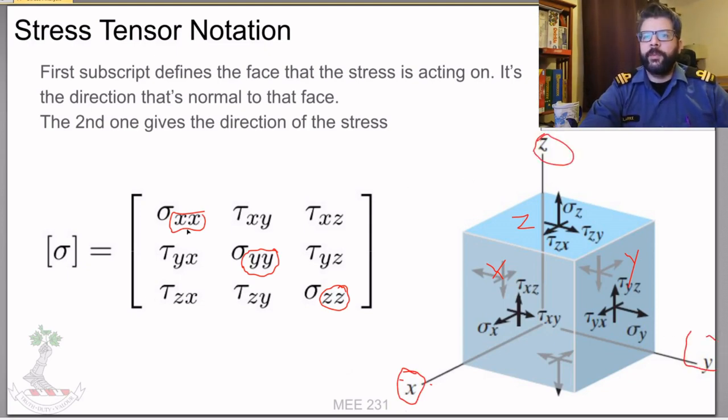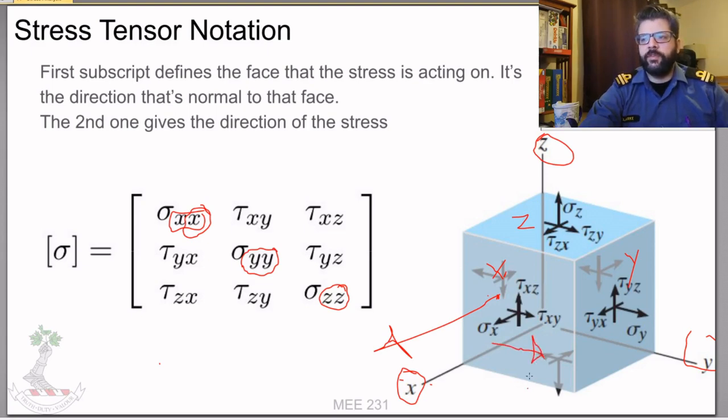So that's the first subscript, and then the second subscript tells you what direction that force is pointed. So if you're acting on the x face and you're pointed in the x direction, then that's a normal force. Whereas if we have this one here, we're acting on the x face, but it's pointed in the y direction.